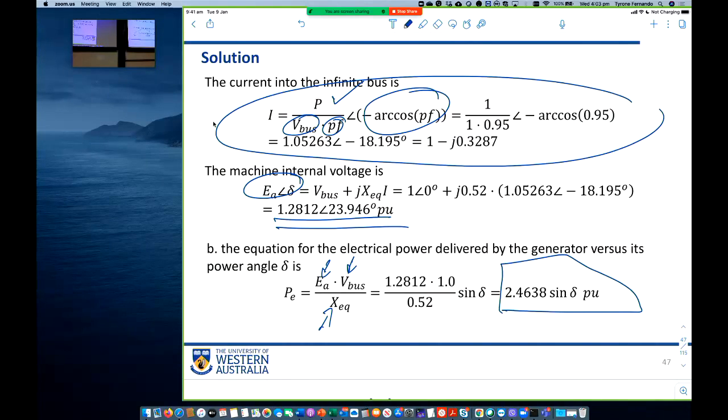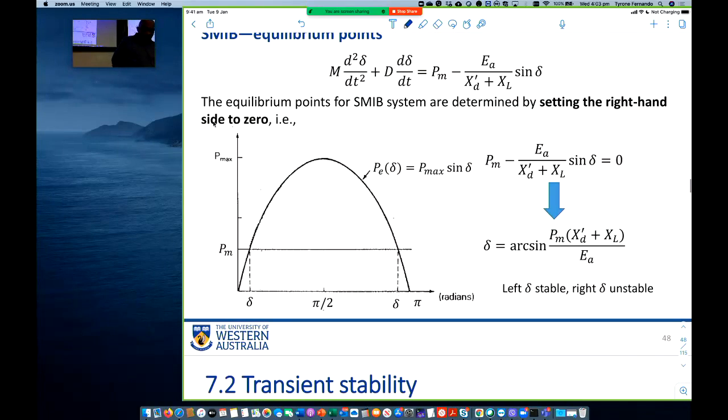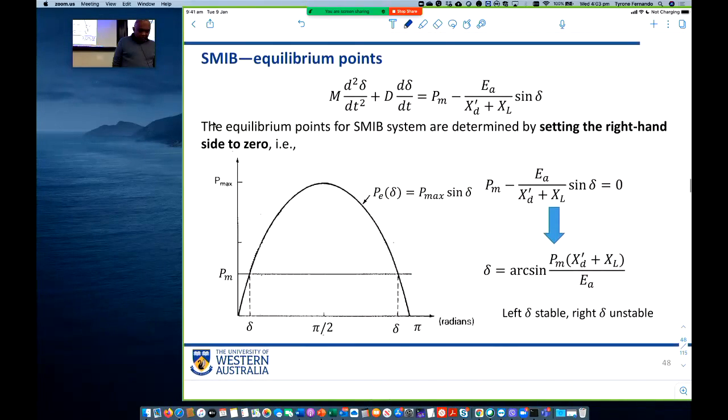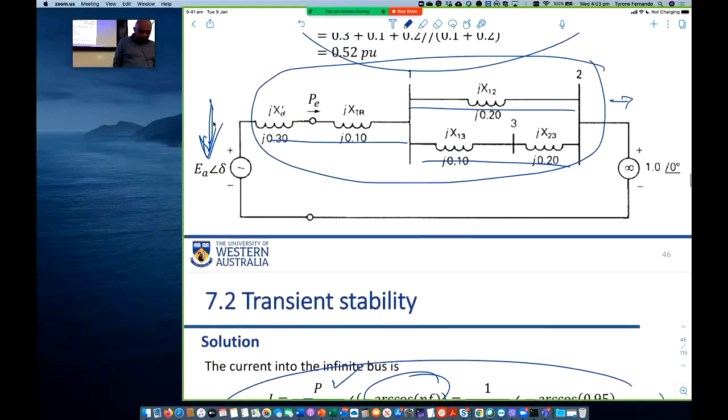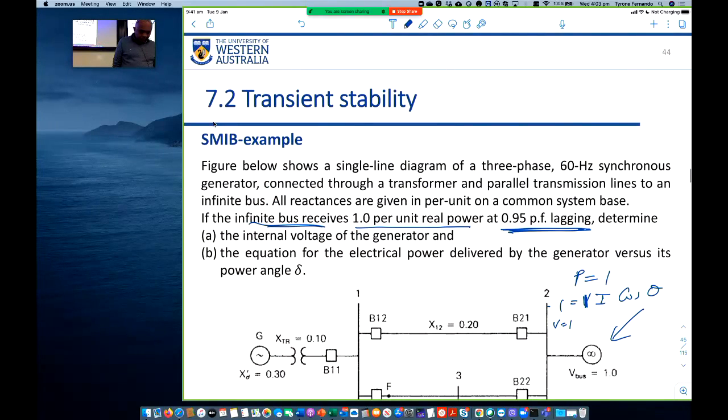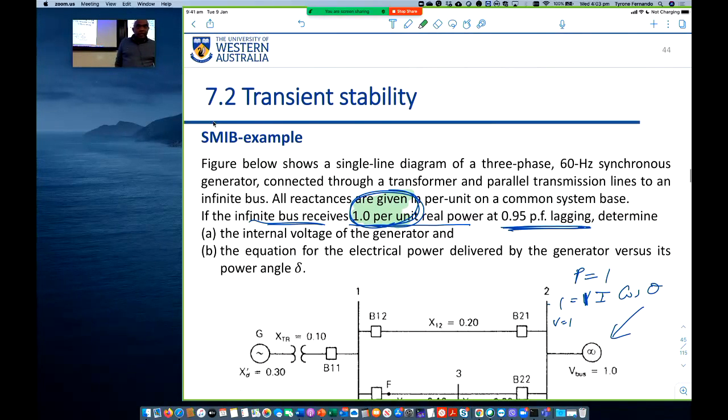Now, the active power is 1 per unit. So that 1 per unit of electrical power has to come from somewhere.